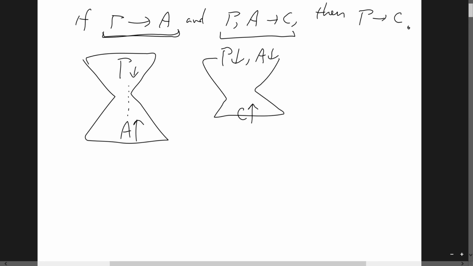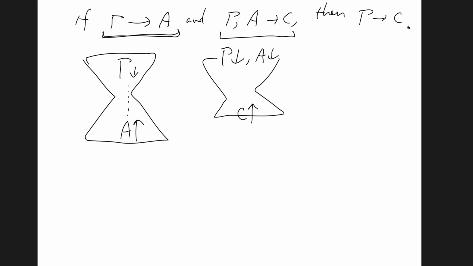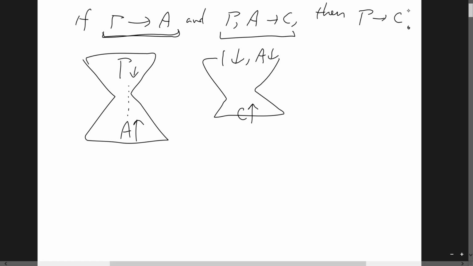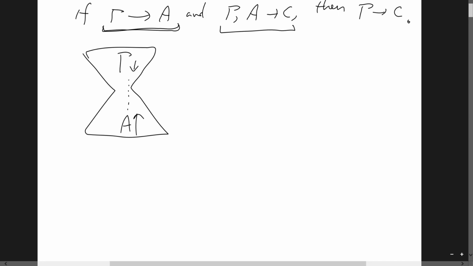Now let's imagine that for some reason we allow this normal judgment to be converted to this neutral judgment. For example, we could introduce another conversion rule which converts A up arrow normal judgment into down arrow neutral judgment.